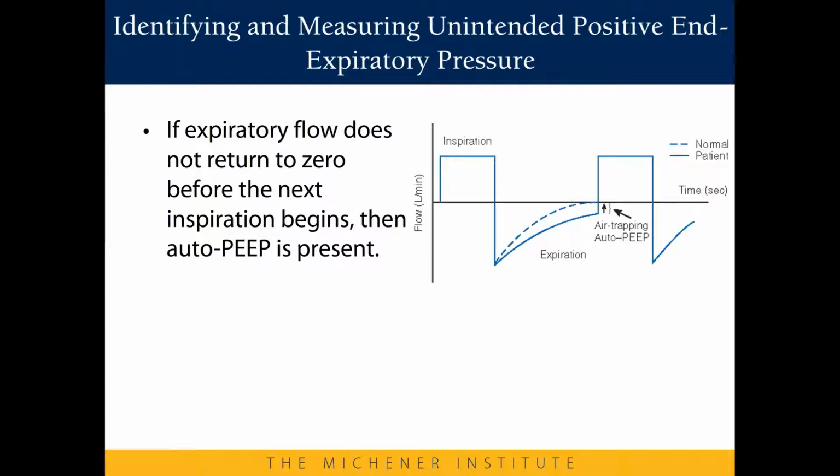The other things that might make a difference, you could consider decreasing I time. If we make our inspiration shorter, then we give a little bit longer to increase our exhalation time. And if you're in a volume control mode, you can also consider increasing your peak flow rate.